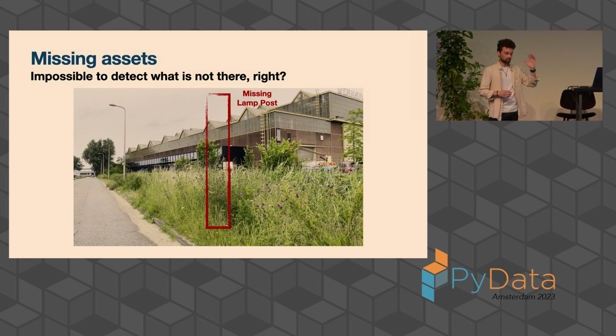If we drive past this street, past this invisible lamppost every time, and consistently we fail to recognize it, if we have enough passes in this same street, then we can make the case: hey, we don't recognize anything, but the data says there should be something. So maybe we can actually find things that are missing.